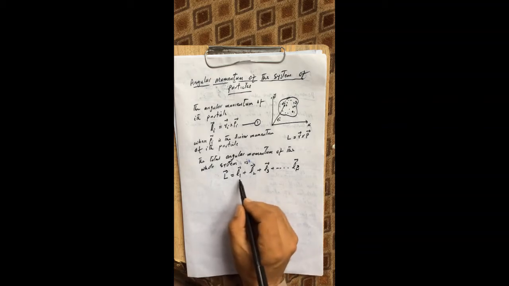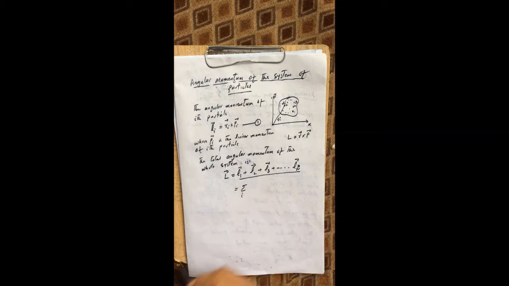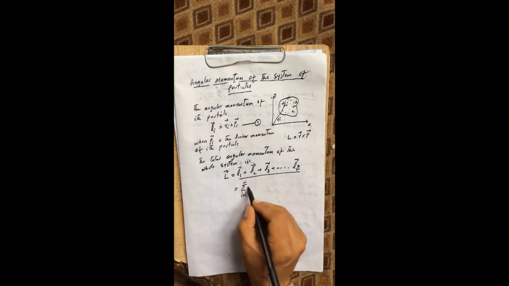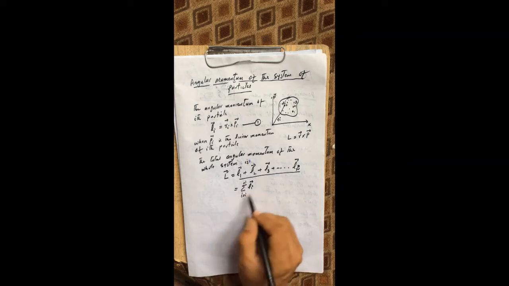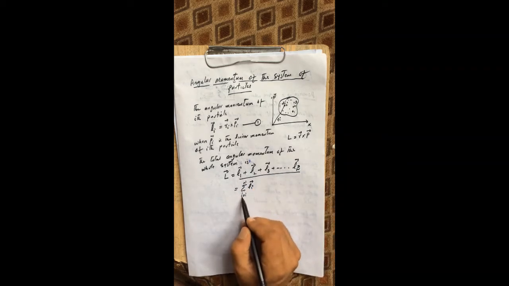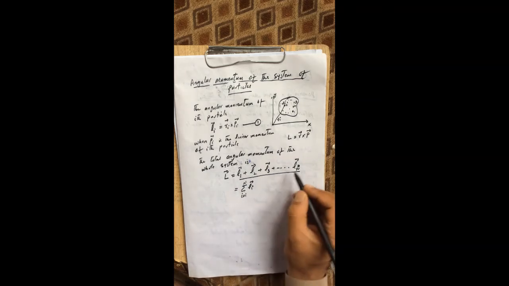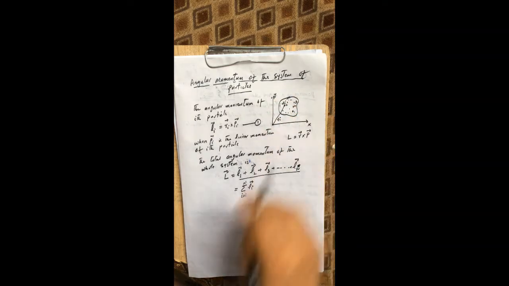Now this I can write in summation form: the sum over i, such that i starts from 1 up to n, of Li. If I expand this sum, I get L1 plus L2 plus L3 up to plus Ln, because we have n particles in this system.